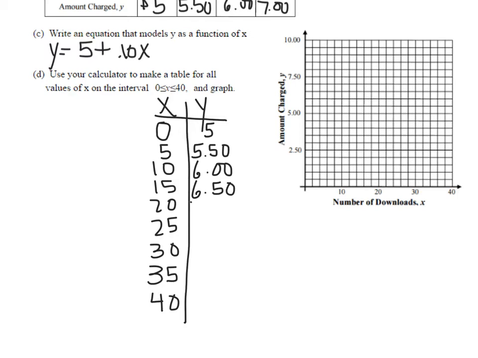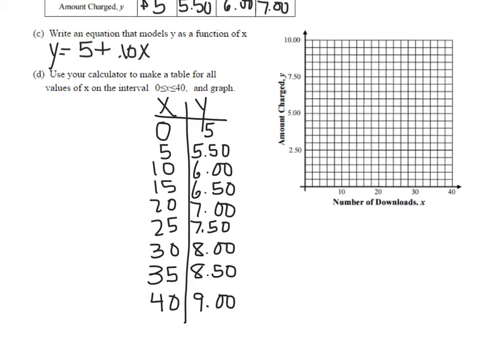For 20 songs, it was $7. Hopefully we're starting to see the pattern that for every 5 songs, we go up by 50 cents. So 25 songs would be $7.50, 30 songs would be $8, 35 songs would be $8.50, and 40 songs would be $9.